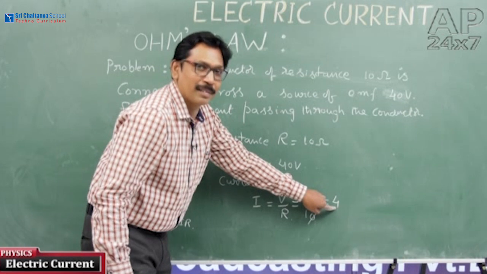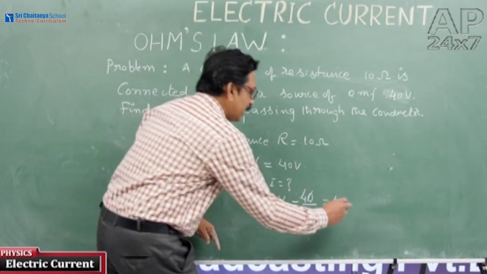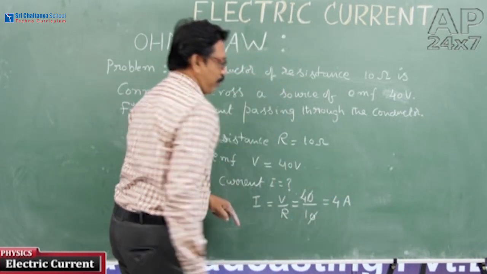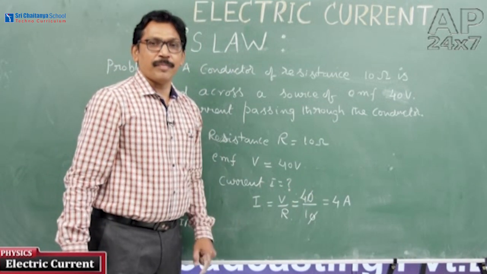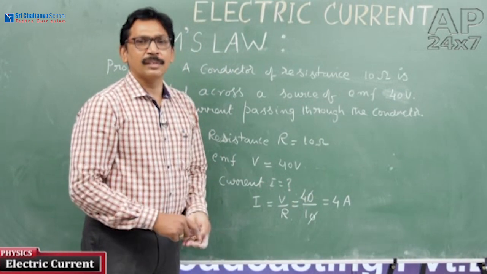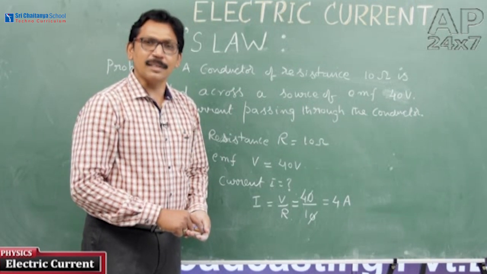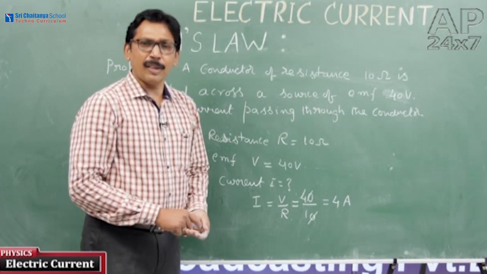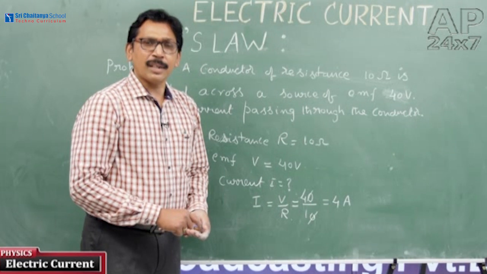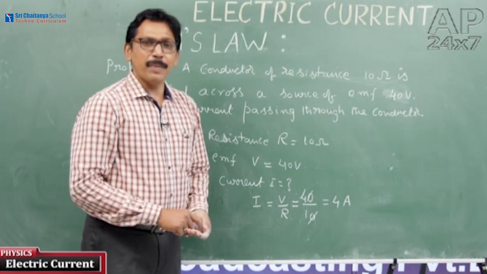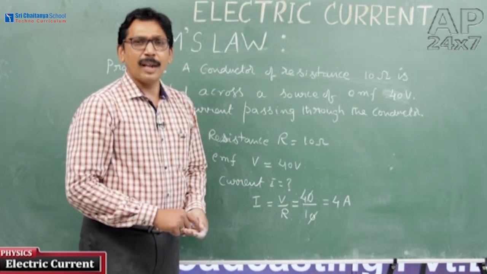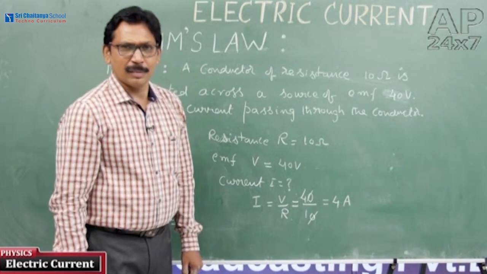It is ampere, isn't it? So I am writing this as A. This is the answer. Now we will discuss what is resistance and also what are ohmic conductors and non-ohmic conductors.